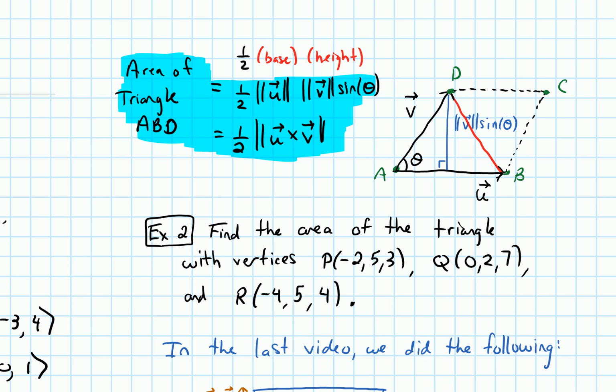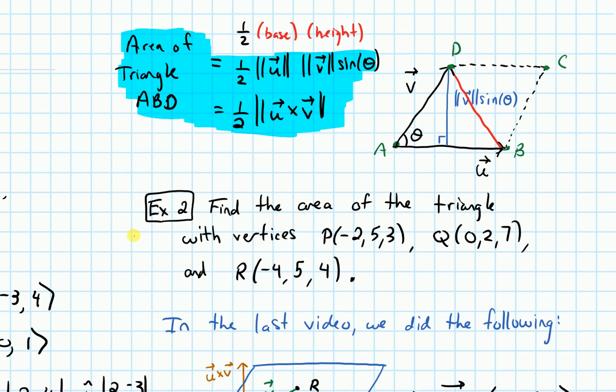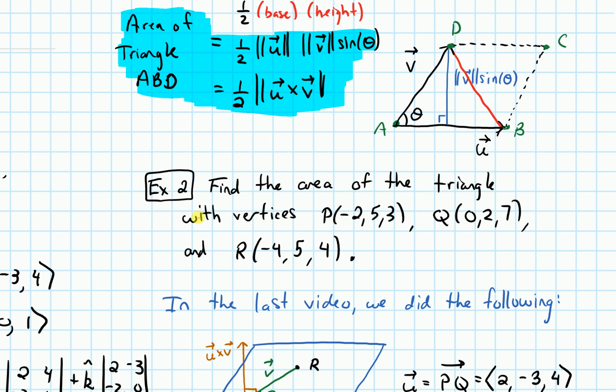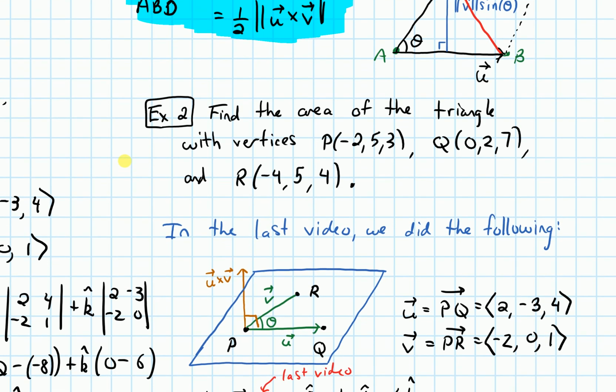All right, so let's use this to get the area of a triangle. So let's say we want to find the area of the triangle with the vertices P, Q, and R from the last video. In the last video, we did a different example involving these same vertices.